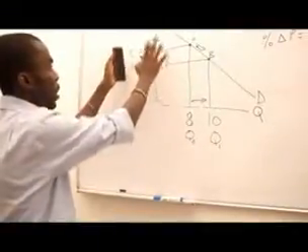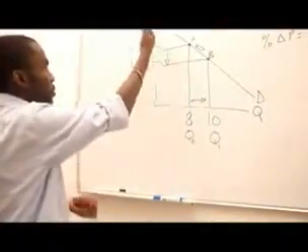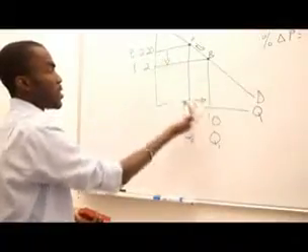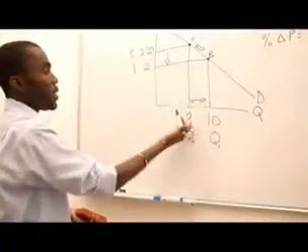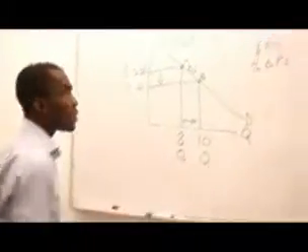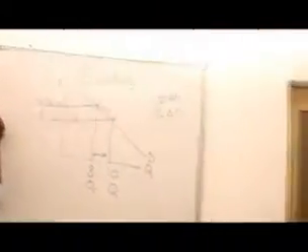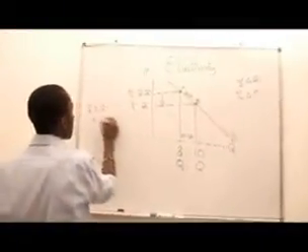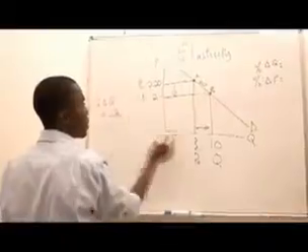So let's take this as our movement. Price has decreased from 2 cedis 20 pesewas to 2 cedis, whilst quantity has increased from 8 units to 10 units.